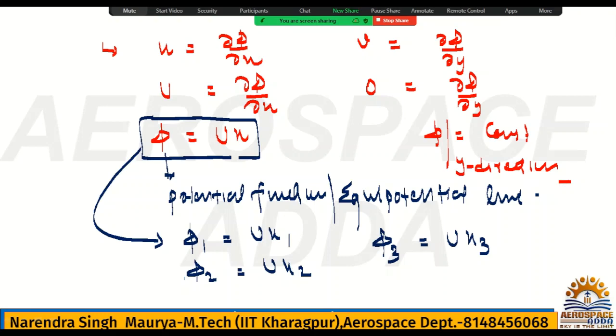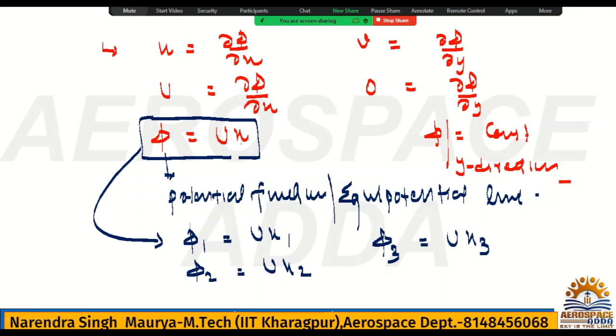But now from this formulation, what are you getting? You are getting phi is equal to ux. If you are changing x, then with the different values of x you will get different values of phi. Phi is the potential function, or velocity potential function, right? U is a constant value, it is not going to change. So x1, x2, x3, x4 means phi 1, phi 2, phi 3.